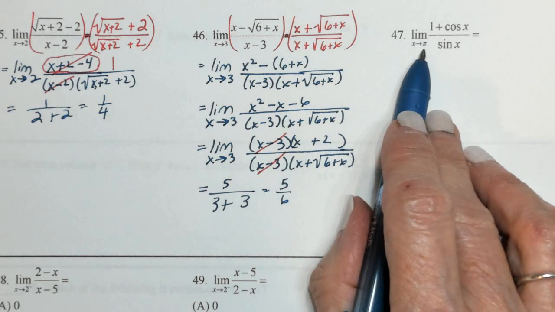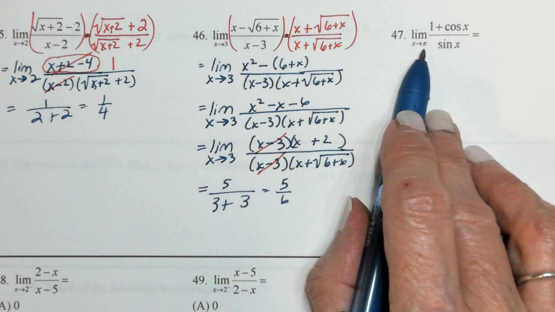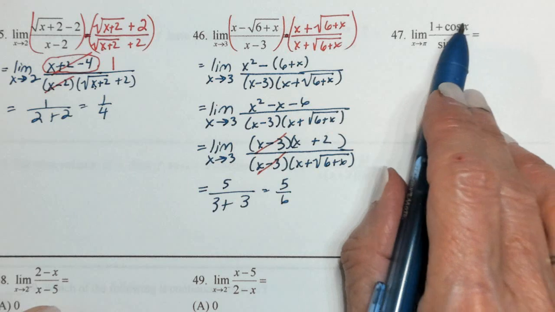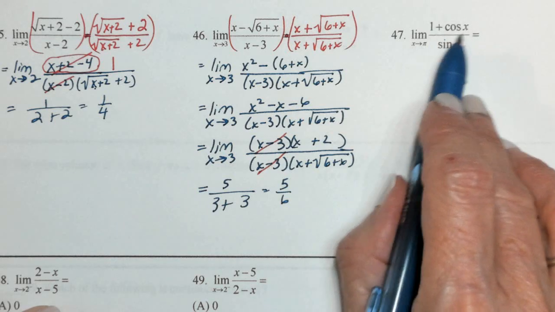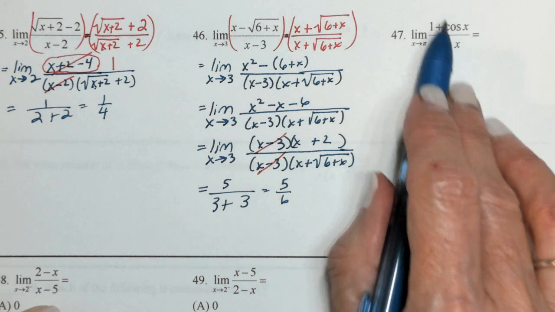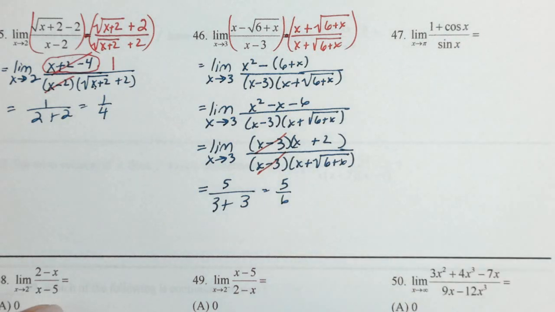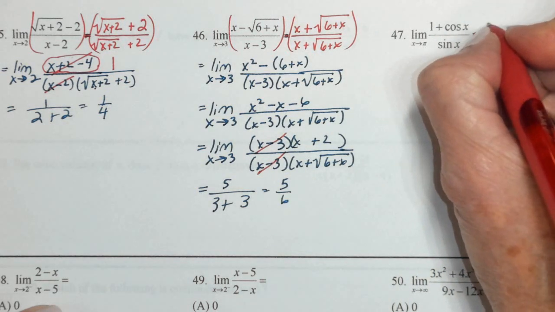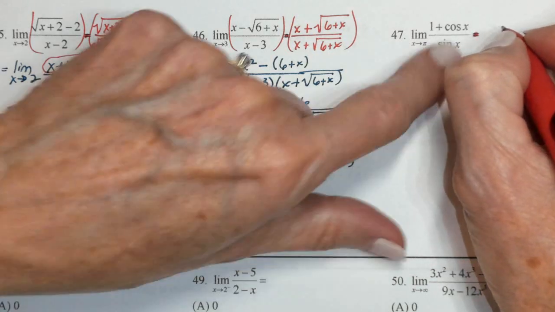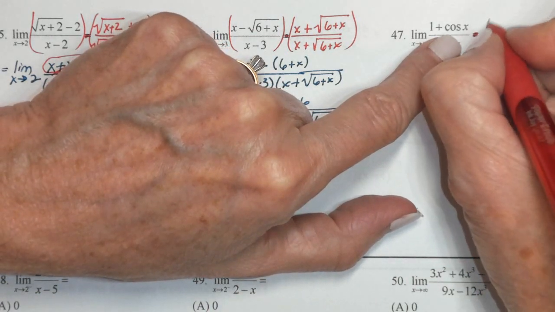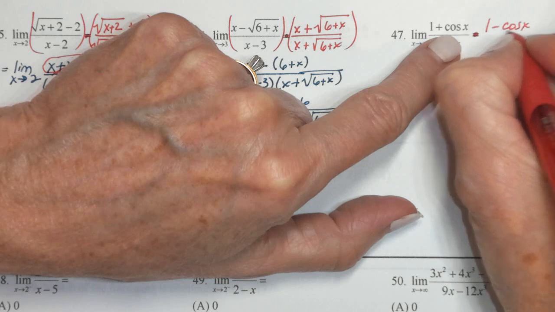Okay. If we put pi in for x, sine of pi is 0, cosine of pi is a negative 1. We have a 0 over 0, so there's a hole. We're going to get rid of the hole. To get rid of the hole, when you have it like this, I'm going to multiply top and bottom by the conjugate of 1 plus cosine x, which is 1 minus cosine x.